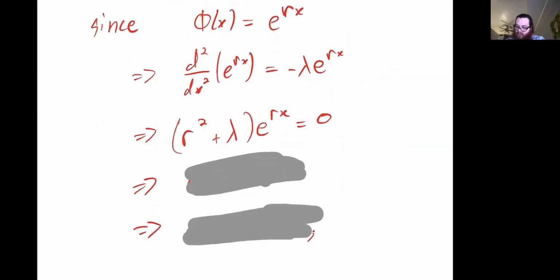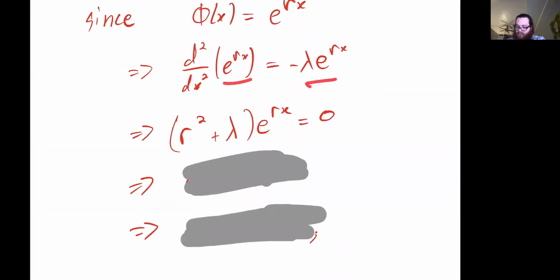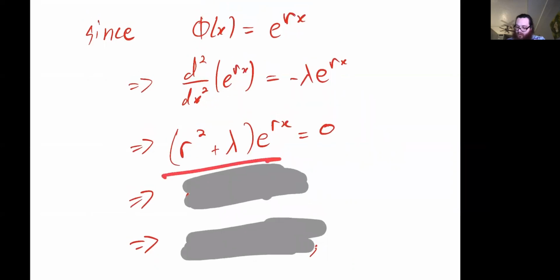Take this derivative, this r is going to come down twice. Move this over to the other side, factor out the e to the rx. We're going to get that this product is equal to 0.